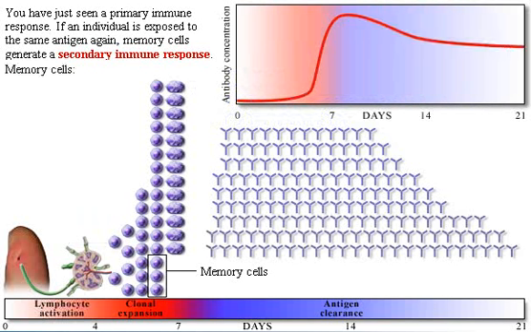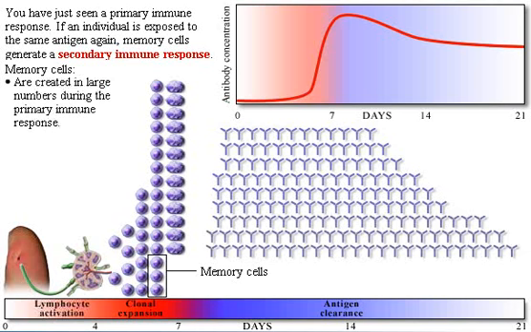The generation of hundreds of memory cells during the primary immune response created a large pool of cells available to respond upon re-exposure to the antigen.